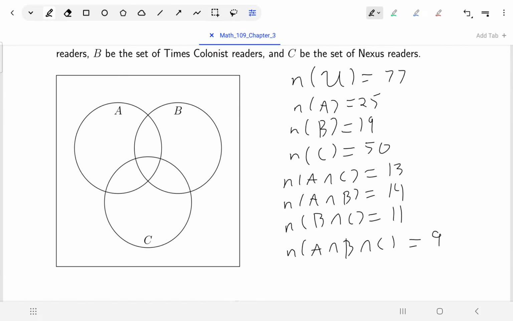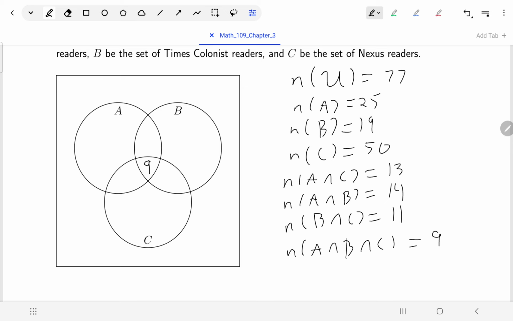All right, let's start filling things in. So just as we did before, I'm going to start in the center and then work my way outside. So the very center, the number of people who read all 3 papers is 9. So I've put 9 inside of A intersect B intersect C. Okay, so now let's work our way up the list.